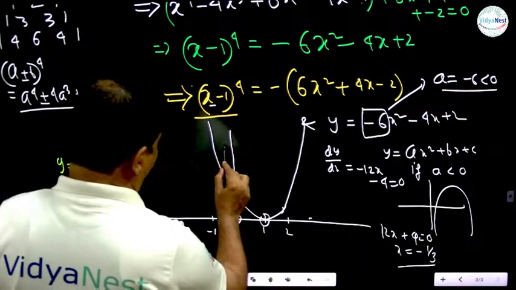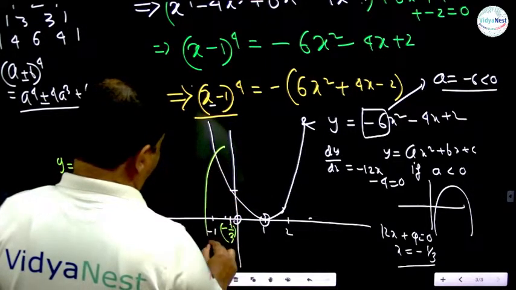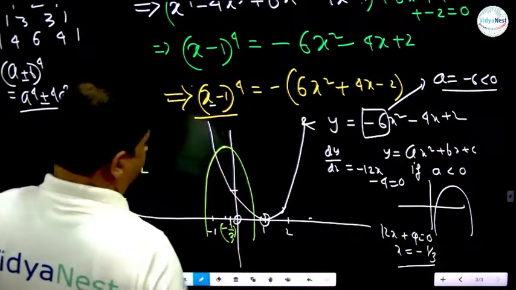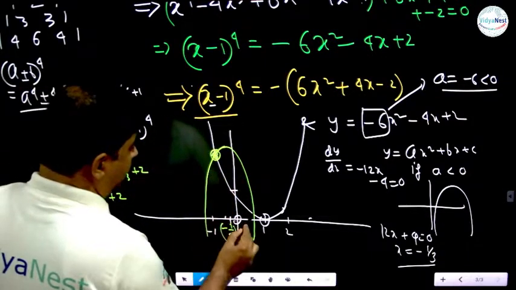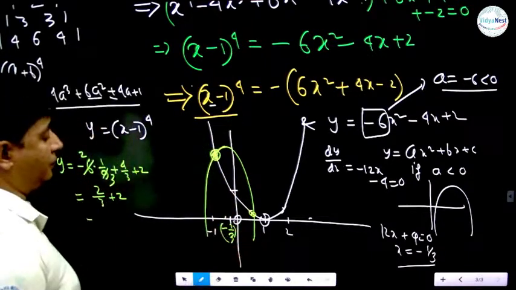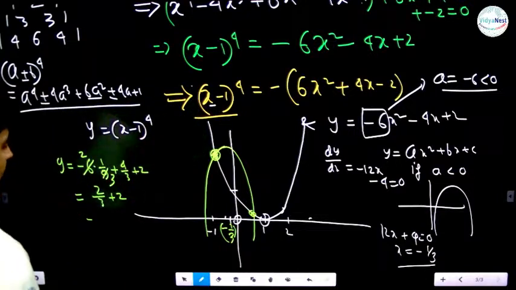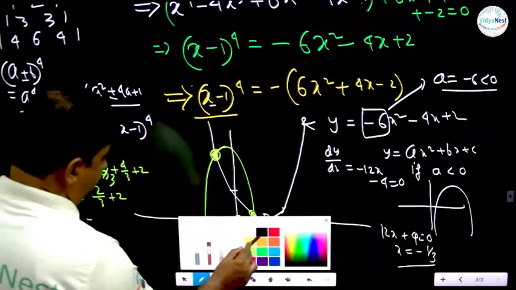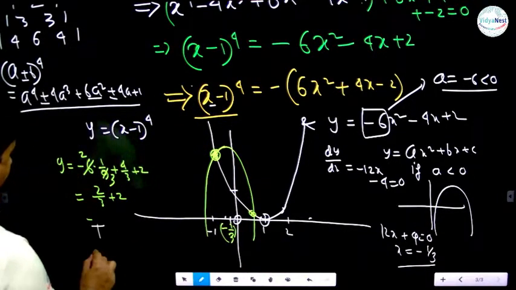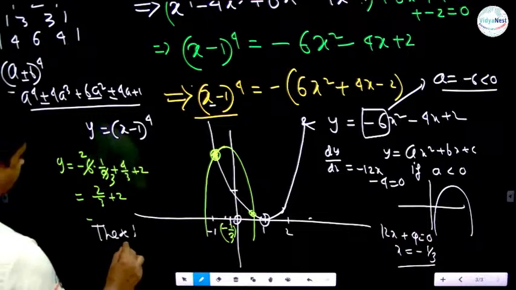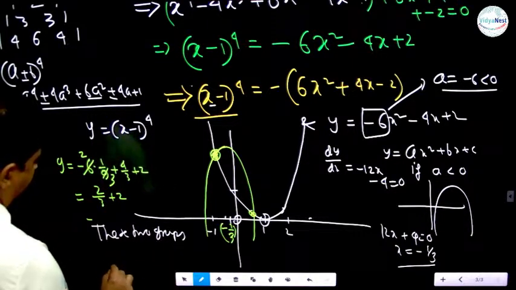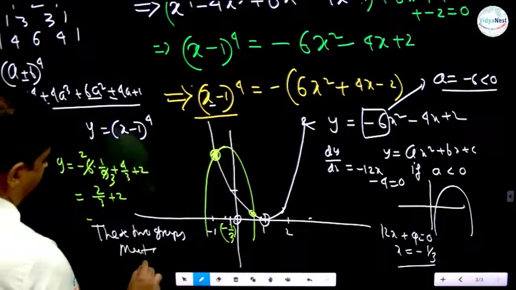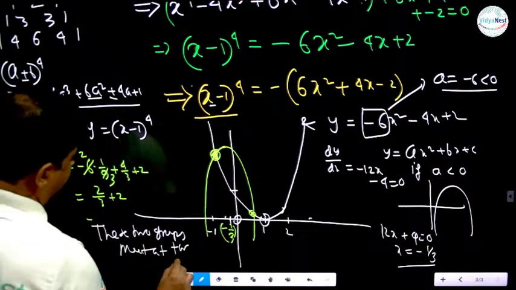Now you draw the quadratic roughly. So in how many points do they meet? 2 points. Yes or no? Yes, sir. So these two graphs meet at 2 points.